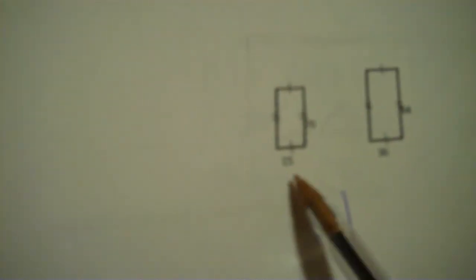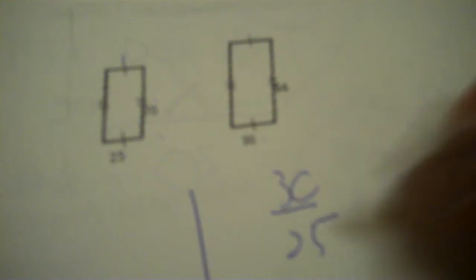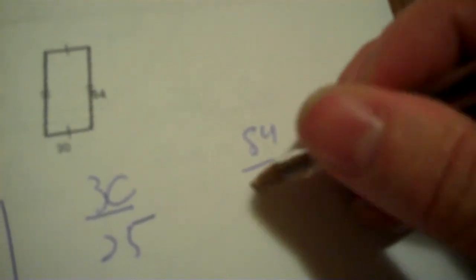Okay, scale factor, we've got 25 to 30. All 4 sides aren't labeled, because 25 would be 25, 70 would be 70. So that's pointless. We'll just do the 25 to 30 and the 70 to 84. We can also turn it around, 30 over 25 and 84 over 70. So I'll divide 25 by 30. I don't like that.